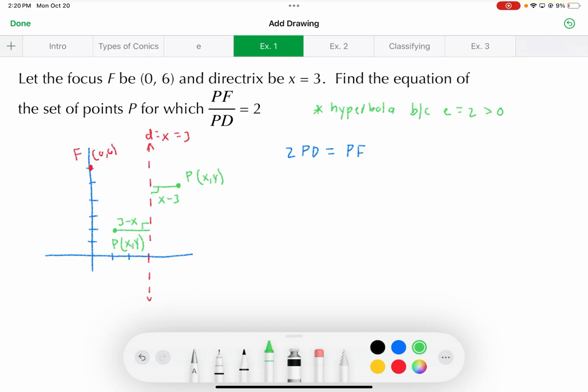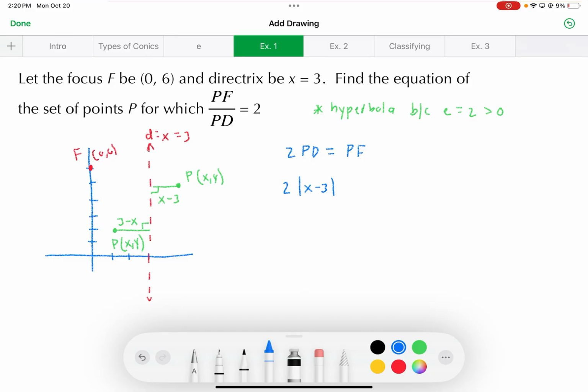So I need to make this work for either possibility. Sometimes when I perform that calculation of x minus 3 or 3 minus x, I might end up with a negative value, right? So to account for that, I'm just going to use absolute value.